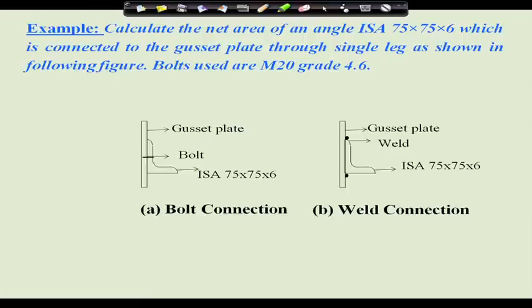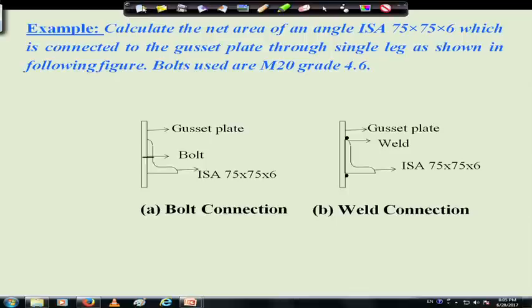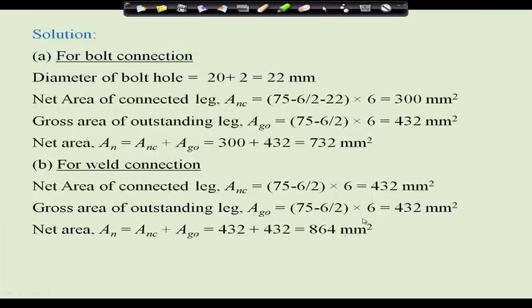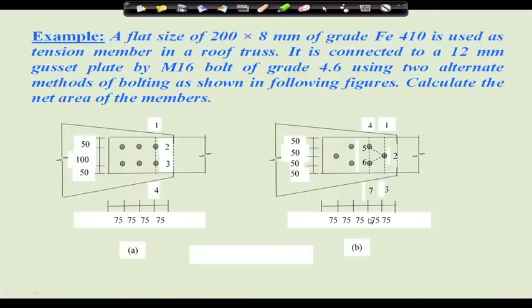Another problem we will go through, that is a comparison between chain bolting and zigzag bolting. This is the problem. Say a flat size of 200 by 8 mm of grade Fe 410 is used as tension member in a roof truss.